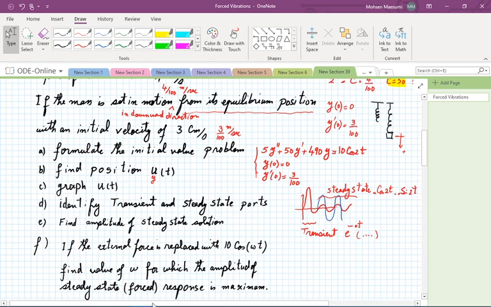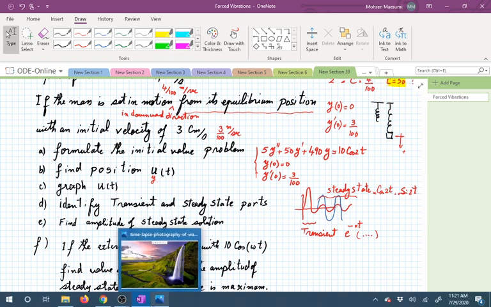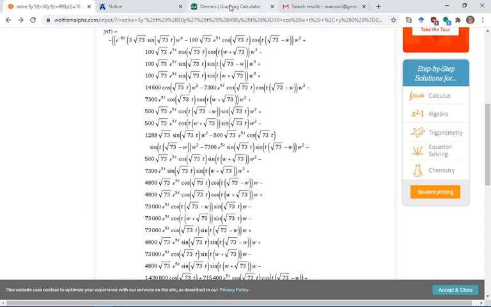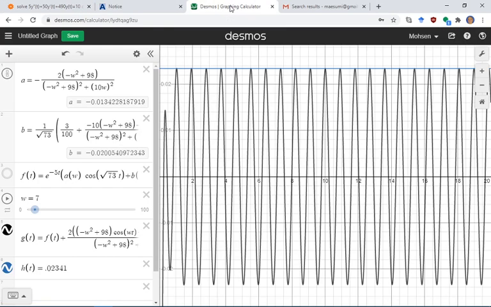Well, I encourage you to learn how to use any of these graphic softwares, and we have been emphasizing Desmos. There are several of them, but any of them you still need to learn how to make good use of. Typing in a formula that's 1 line long by itself is a skill you want to learn.